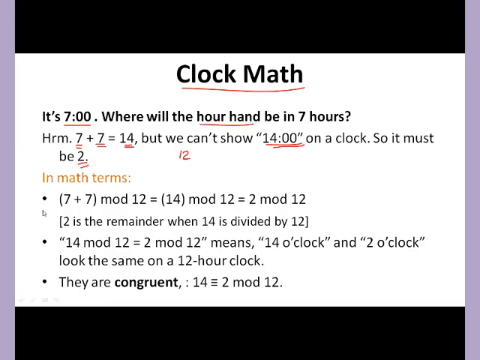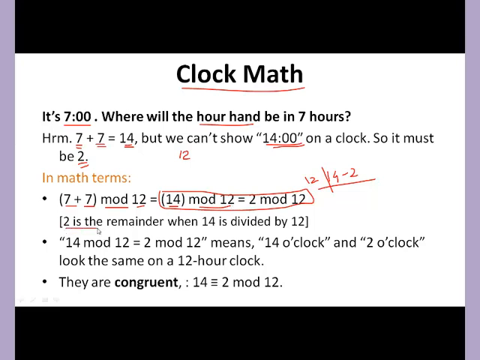In terms of mathematics, 7 plus 7 modulo 12 is 14 modulo 12, and 14 and 2 are congruent. You can check that 14 minus 2 is divisible by 12. So therefore 14 and 2 are congruent. So 14 is equal to 2 mod 12. We can check from Python also: 14 mod 12 returns 2.